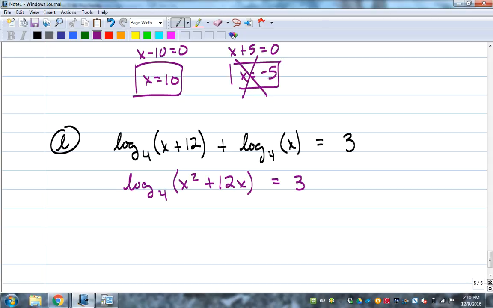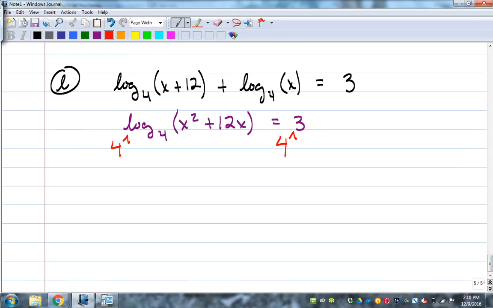Now we can get rid of the log base 4 with the 4 as a base. We get x squared plus 12x is equal to 64 this time. It's x squared, so we get it equal to 0.